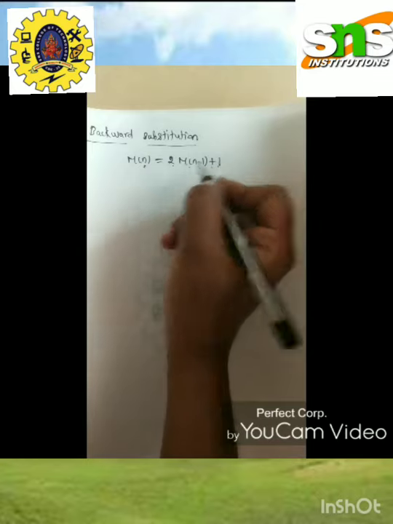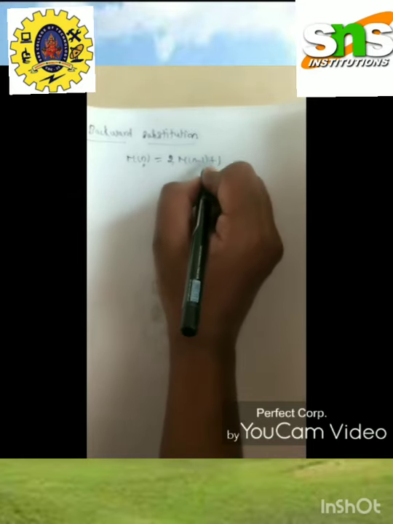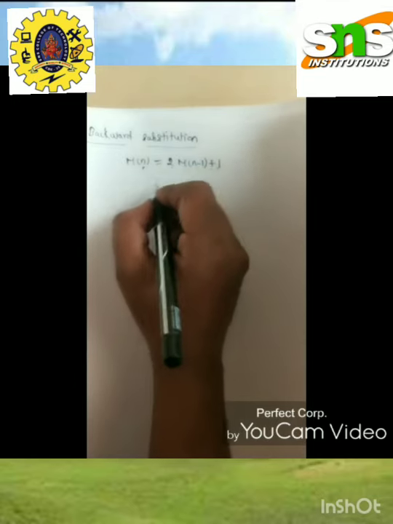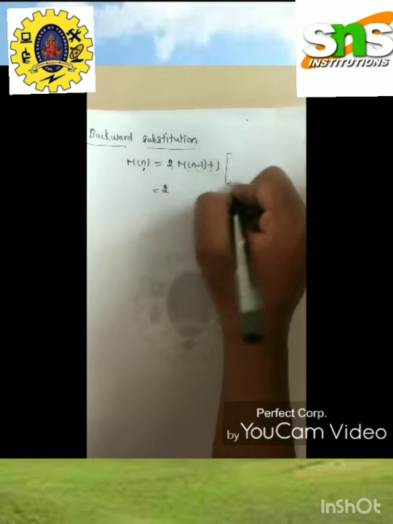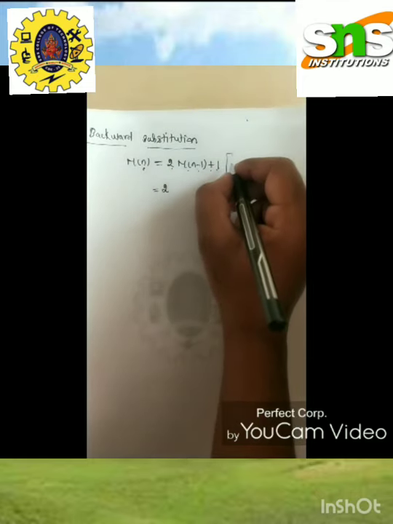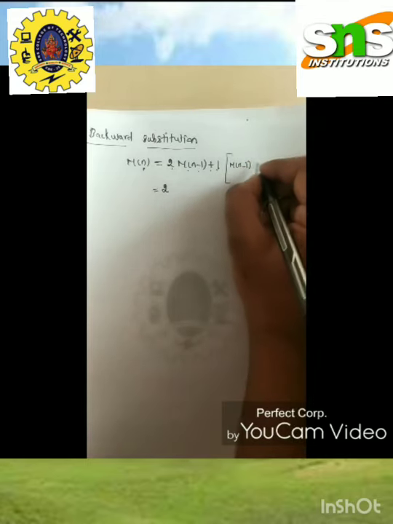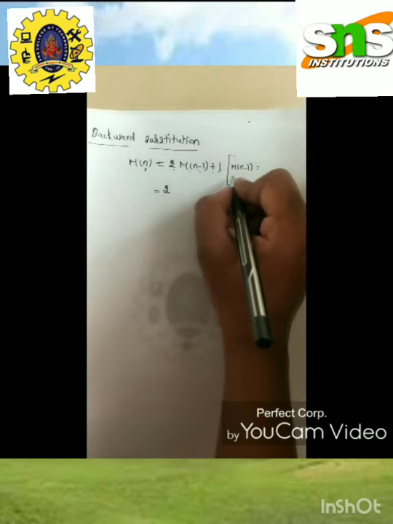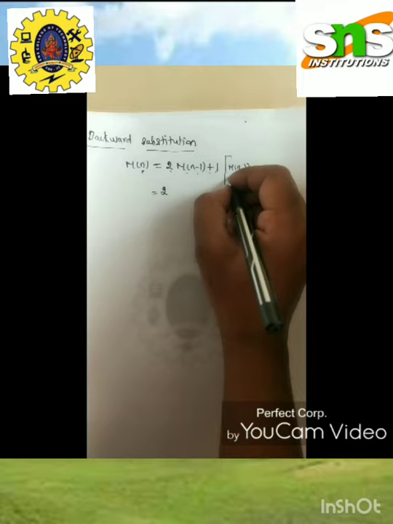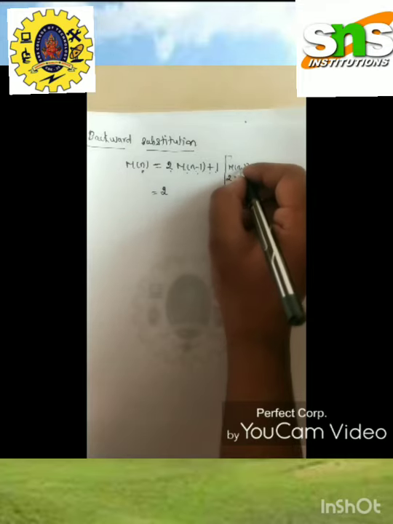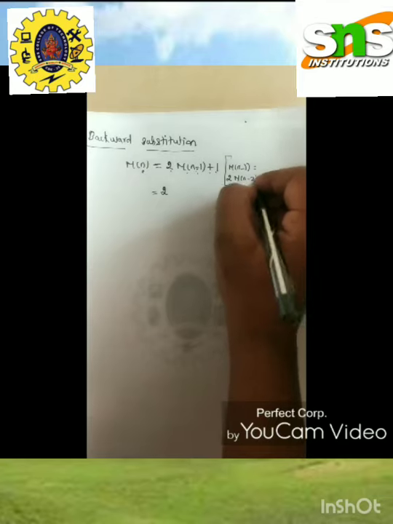Next, I am going to substitute for m of n minus 1. This will be written as 2 into m of n minus 1, the previous term, which is 2 into m of n minus 2 plus 1.